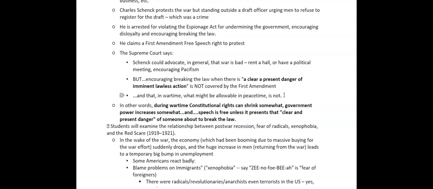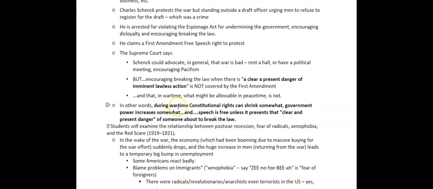In other words, had Schenck just rented a hall someplace and given a speech that he thought the war was bad, the Supreme Court said you're covered. But because you are standing there encouraging people at that moment to commit a crime, and your words might have an effect, that's clear and present danger of imminent lawless action, and that is not First Amendment.